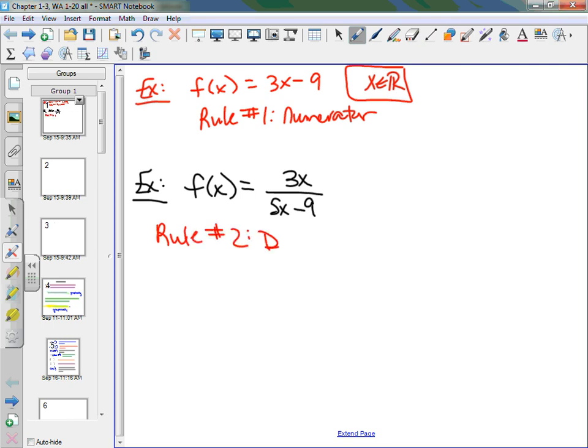Rule number 2 is your fraction rule, and it deals with your denominator, right? So with that said, what can it be? 5x minus 9 cannot equal 0, so 5x cannot equal 9, so x cannot equal 9/5. Yes? So what do I do then?